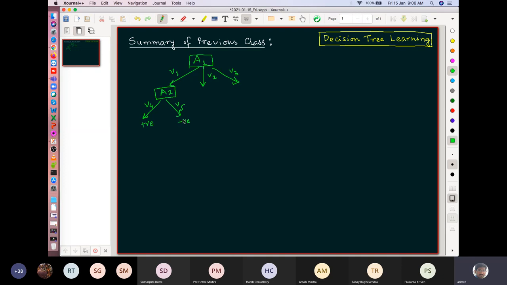For example, we are only looking at classification problems having a finite number of classes, and for simplifying our analysis we used only positive and negative classes. So this is how the decision tree looks, and therefore your primary decision at any point of time was which attribute you will select.